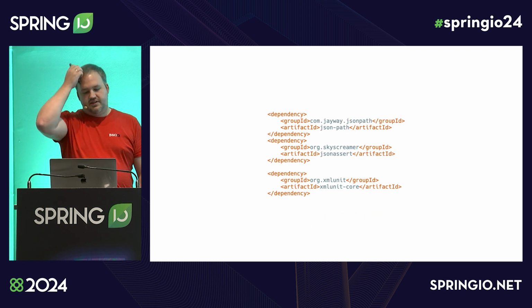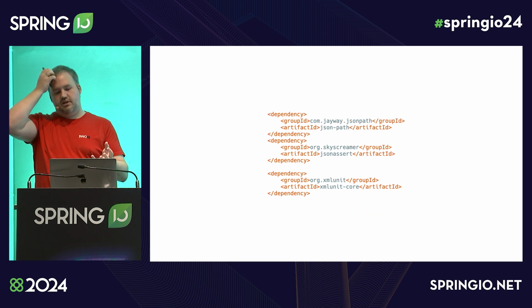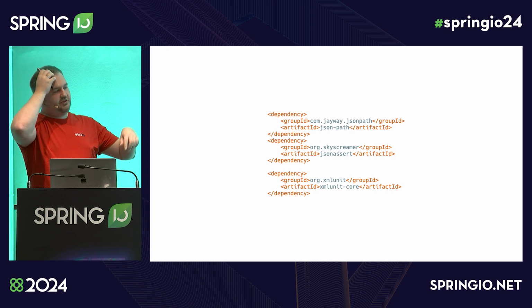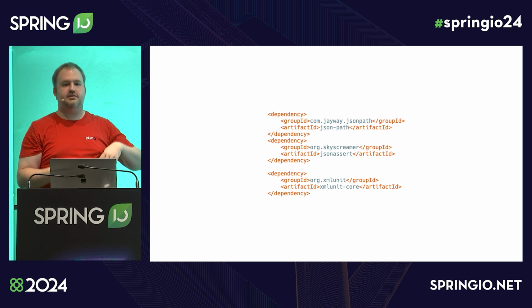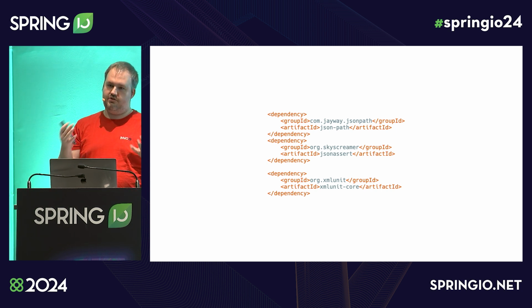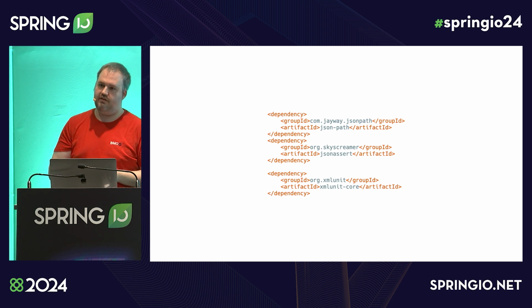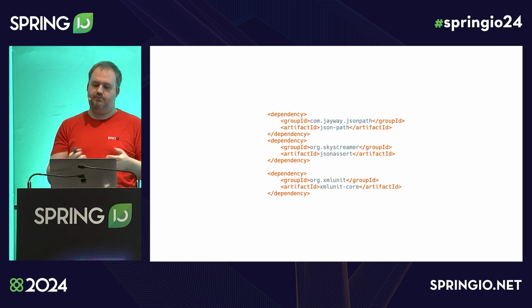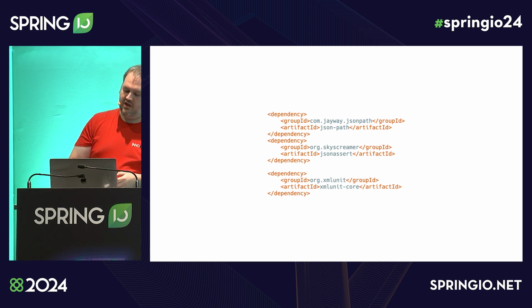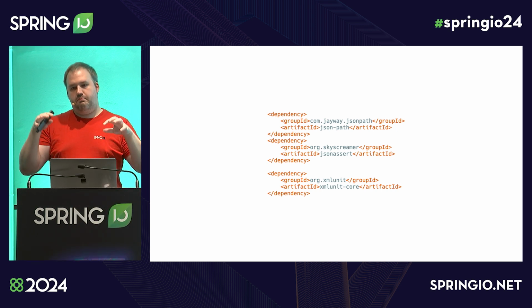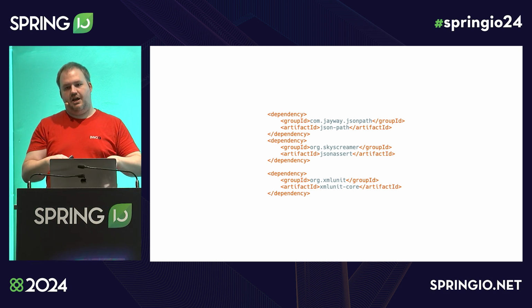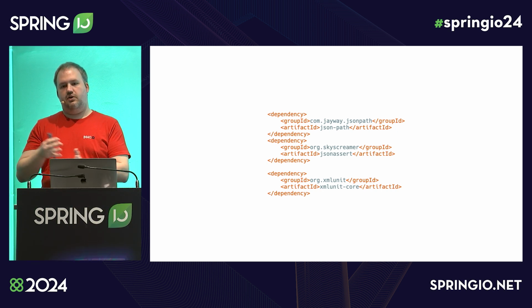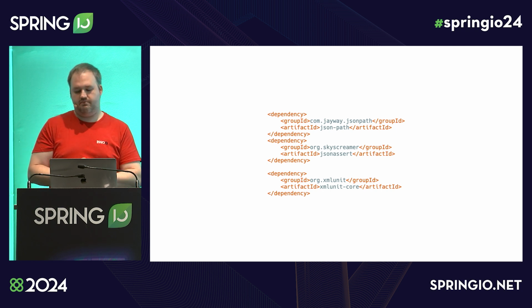And then there are some more utilities which come included, which is some stuff for asserting JSON. And if you happen to use XML nowadays, there's XMLUnit that comes with it too. So those are all the fundamental base libraries that you would use even outside of a Spring project.